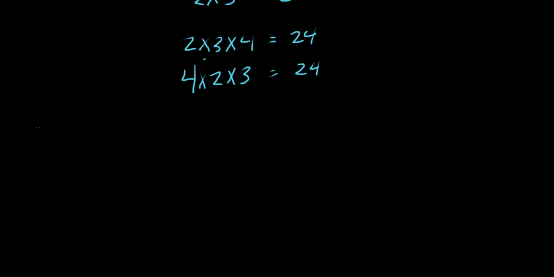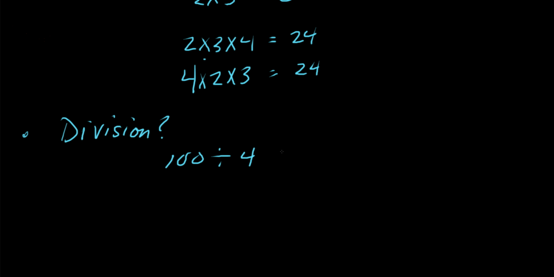What about the commutative property of division? So division. I'm not going to write out the whole commutative property. So what if I have, let's do 100 divided by 4.